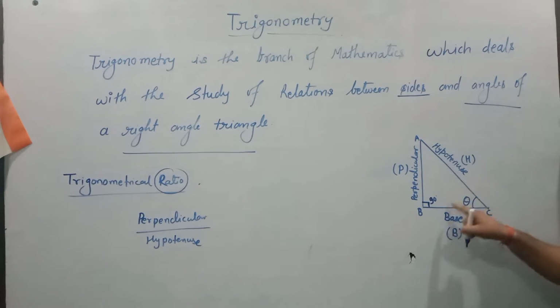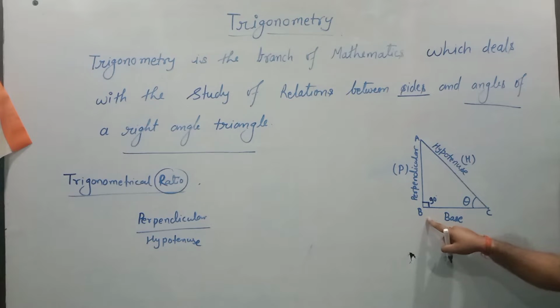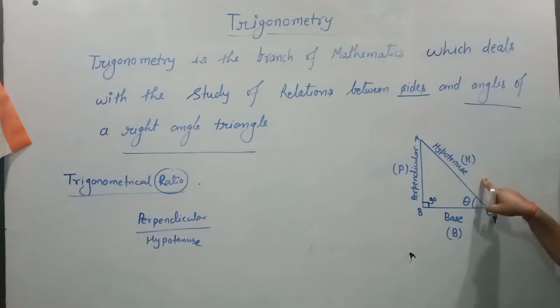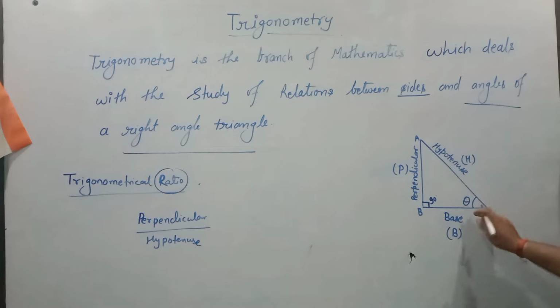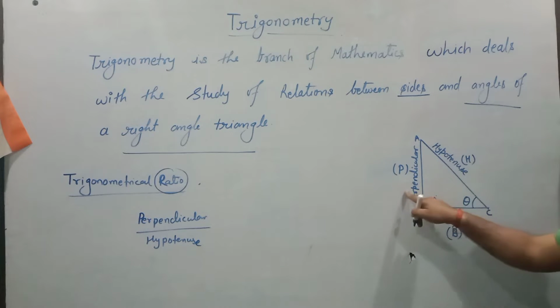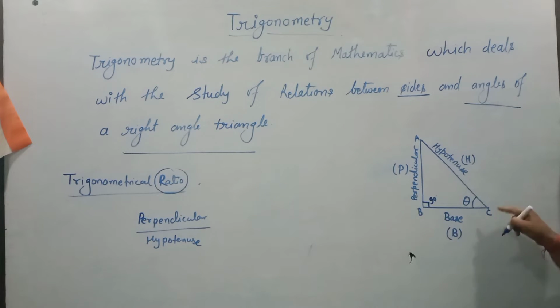The side opposite to the angle of 90 degrees, the side opposite to the right angle, is known as the hypotenuse. The side opposite to the acute angle theta, for which we have to find the trigonometric ratio, is known as the perpendicular, and the side containing the angle is known as the base.